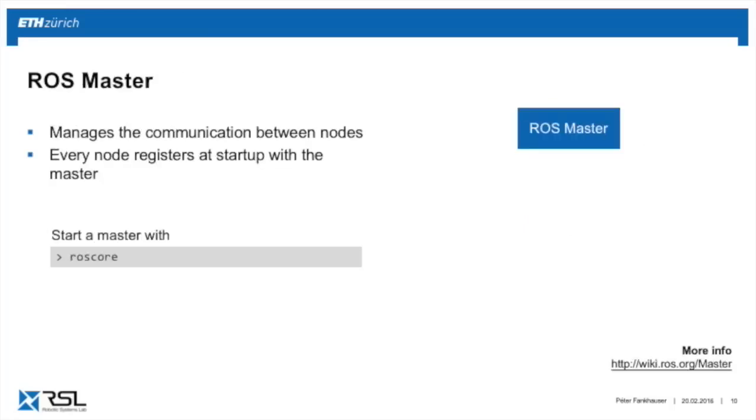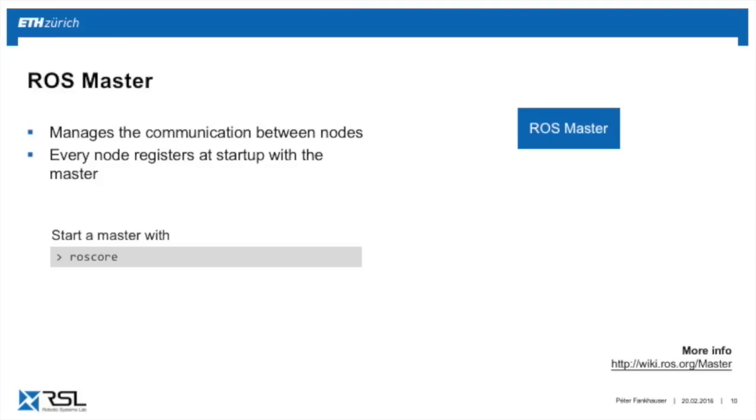Now, one important element is the ROS master. This manages the communication between your nodes. At startup, when a node comes up, it needs to register with your master, and the master makes sure that all the nodes can communicate with each other.